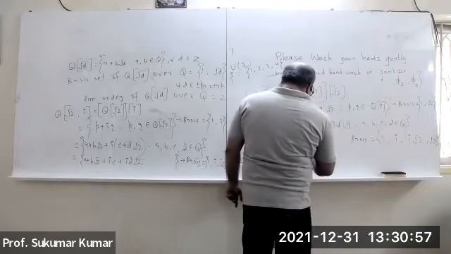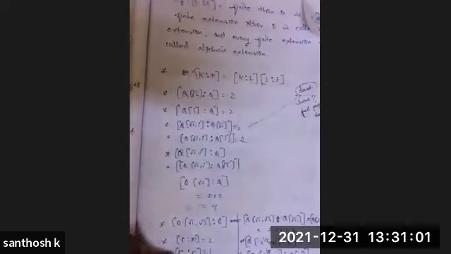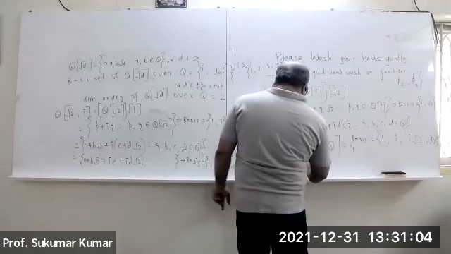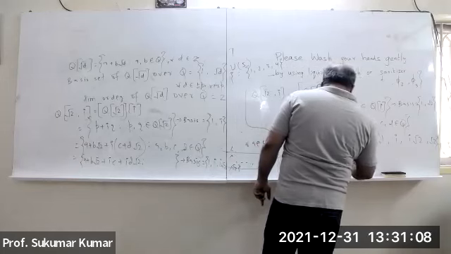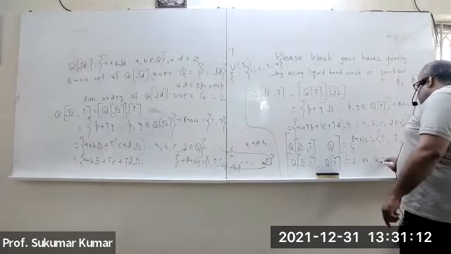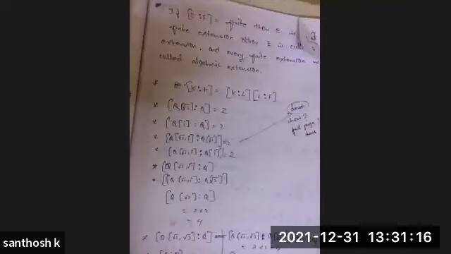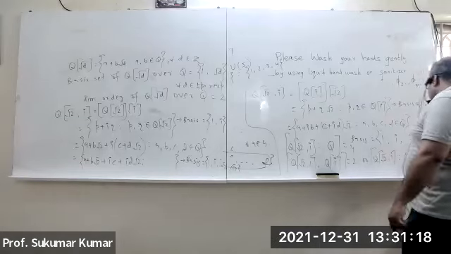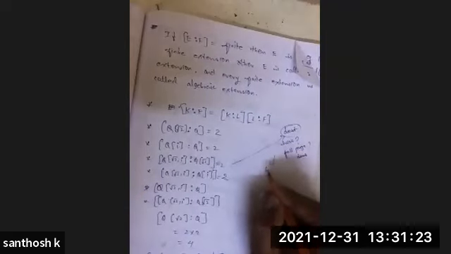Q box root 2 comma I over the field Q is 4. Q box root 2 comma I over the field Q box I is 2, or over the field Q box root 2 is also 2. Understood, sir. Now only understood.